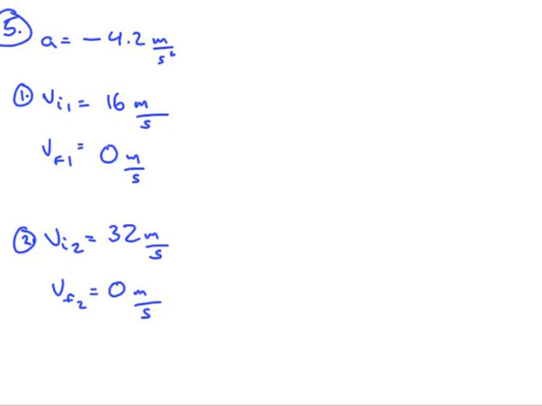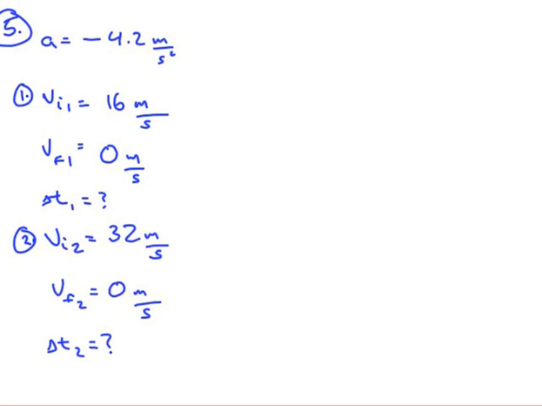So the question is, how long does 16 meters per second take us to stop versus 32 meters per second, and how do they compare to each other? So the change in time 1, we don't know that yet, and the change in time 2, we don't know that yet either, but we're going to find that out.